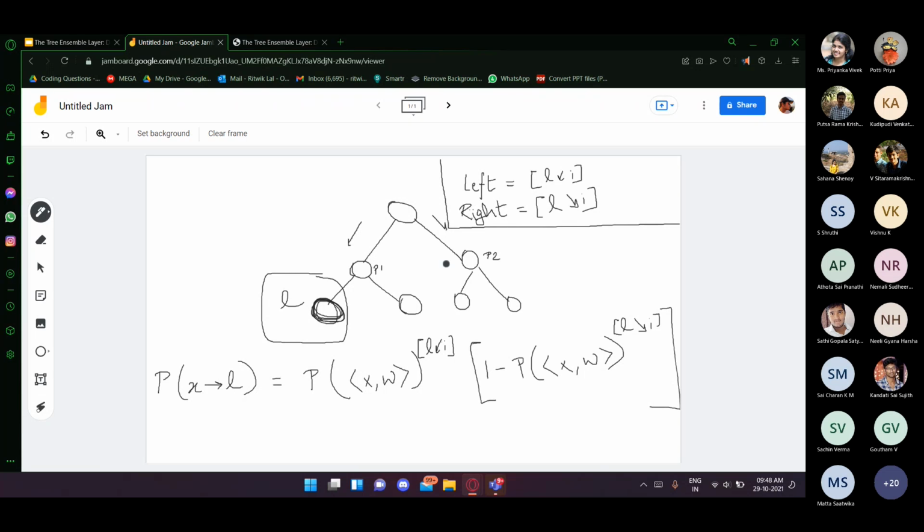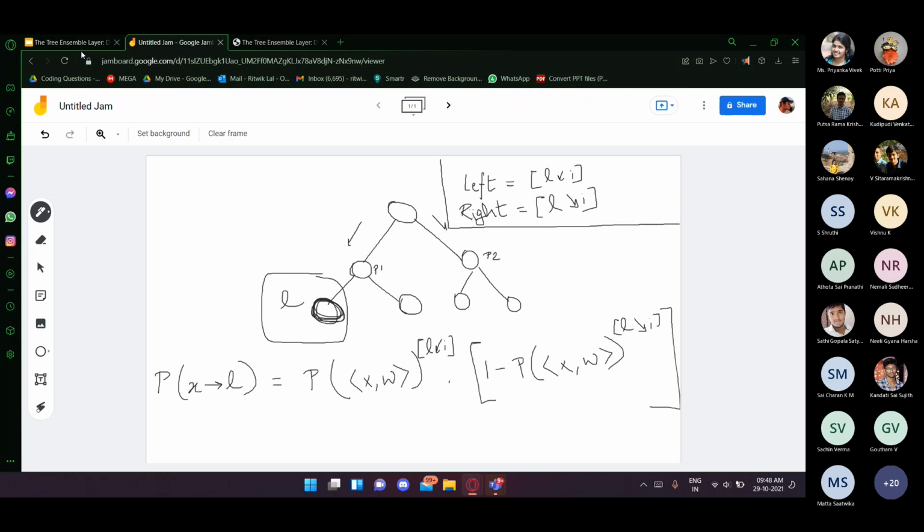We have a probability associated with the right side as well, and we only want to concentrate on the nodes going to the left because our L is over here. So, with the usual probability multiplication, we will have the associated probability for the left, but we need to also exclude this, so we'll be doing 1 minus P times the right probability. So we get the probability of going down here.